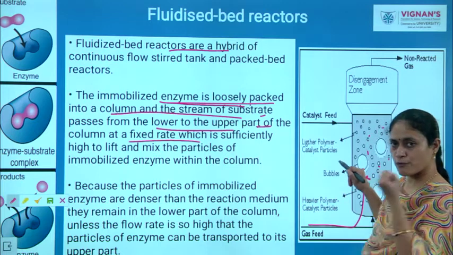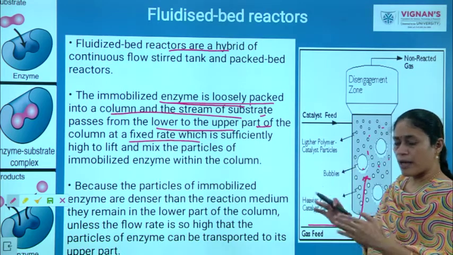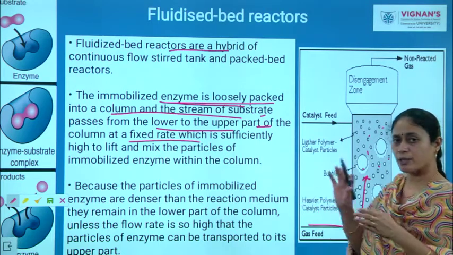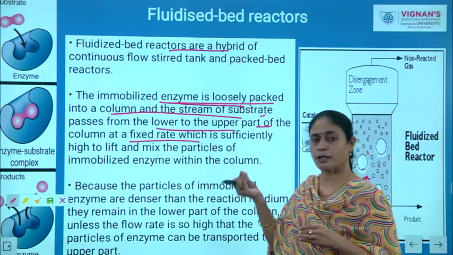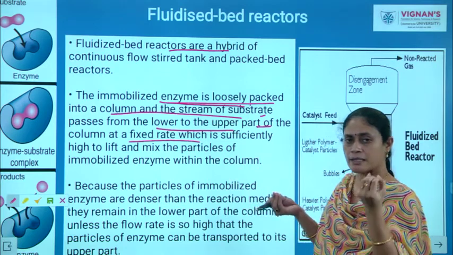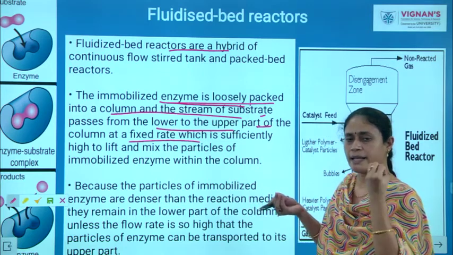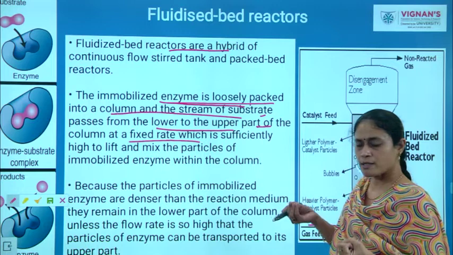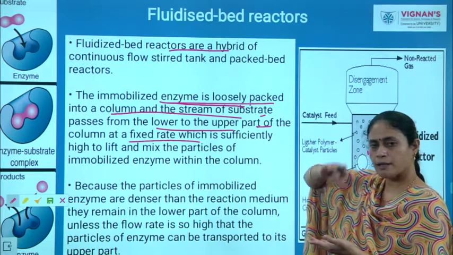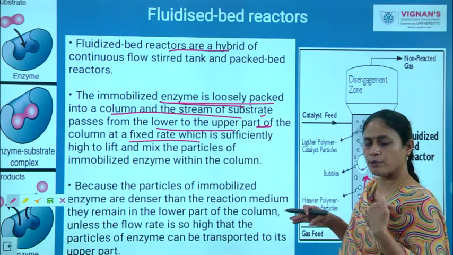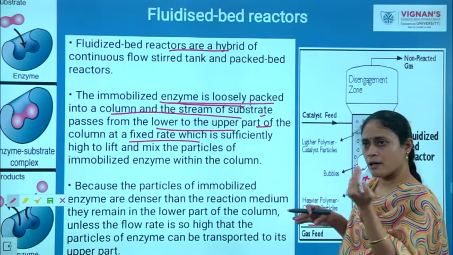You have your immobilized enzyme within the reactor. Because of this flow, your enzyme is getting mixed with your substrate, and you know pretty well that your immobilized enzyme will have a distinct particle size and it is denser in nature. Because of this, your immobilized enzyme will always be available in the lower part of your column compared to the free enzymes.